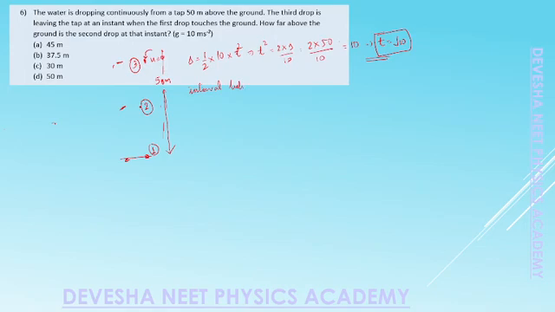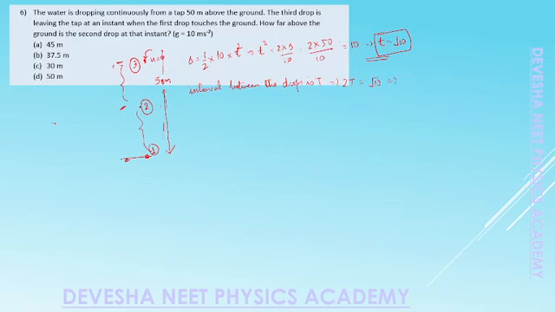between the drops is capital T. So when the first drop is hitting the ground, there are two intervals, one is this T and the other is this T, correct? It means 2T is equal to root of 10.